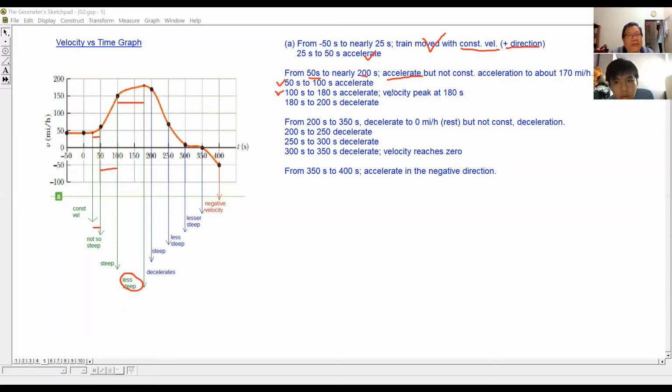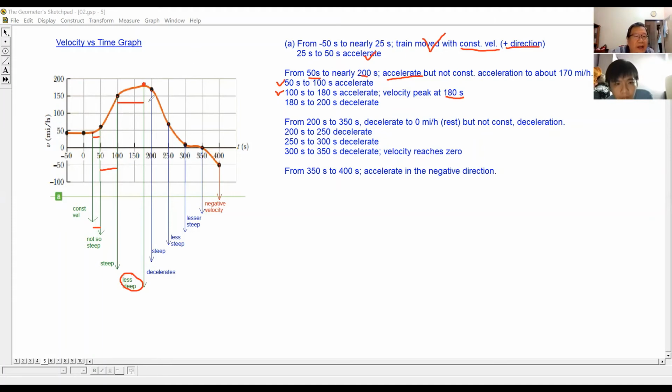The velocity peaks at 180. That means from 100 to 180, it will keep increasing until the maximum velocity here. But if you compare this part of the journey to the previous part, although it is accelerating, it's not so great anymore.